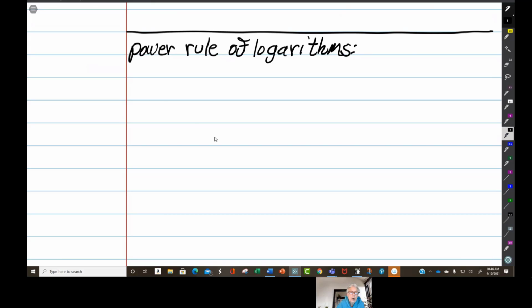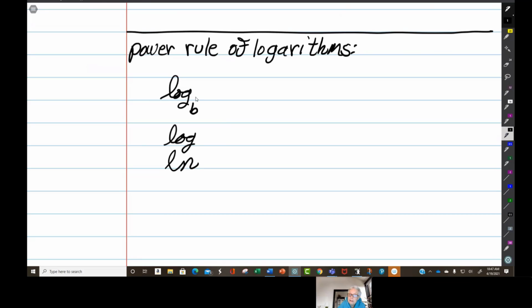First, suppose you have the log of B, log to any base. All right, log base B, where B can be any base. So that includes just the word log, which is log base 10, and the ln, which is log base E. We talked about that last week. Briefly, you'll get real familiar with it.